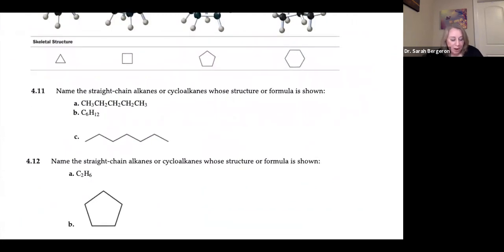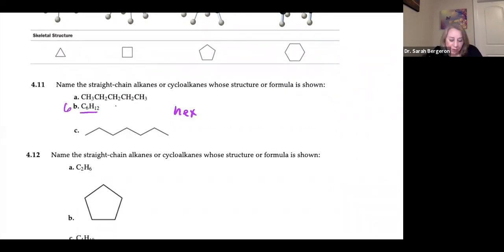Name the straight chain alkanes or cycloalkanes whose structure or formula is shown. All right, so in order to do this, you want to count your carbons. Sometimes, like B, it's super easy. So if you have B, I know that I have 6 carbons. So my 6 carbons is going to be hex. If you look at that formula, what formula matches that? Is my number of hydrogens times 2 plus 2, or is it just times 2?